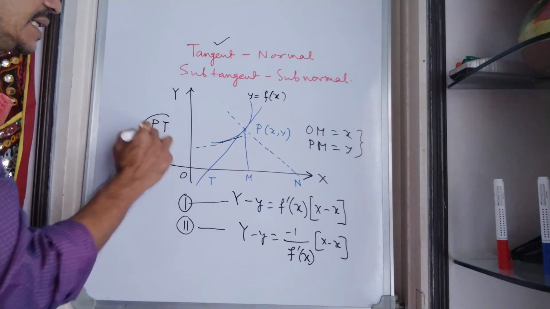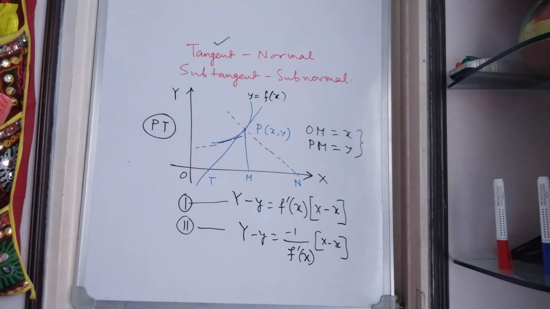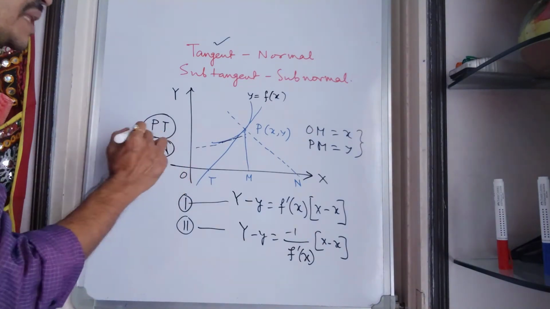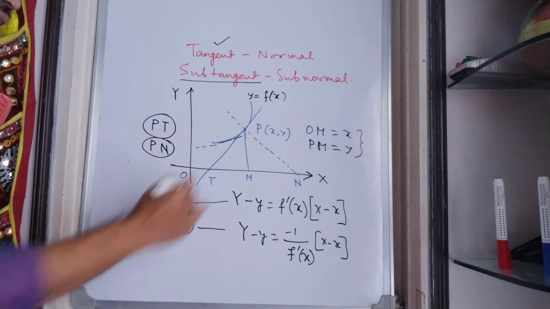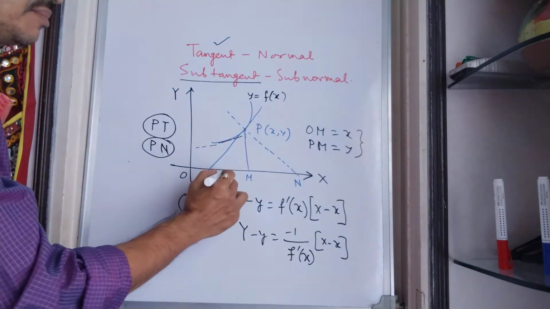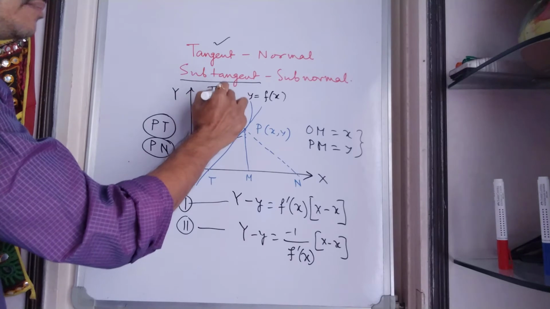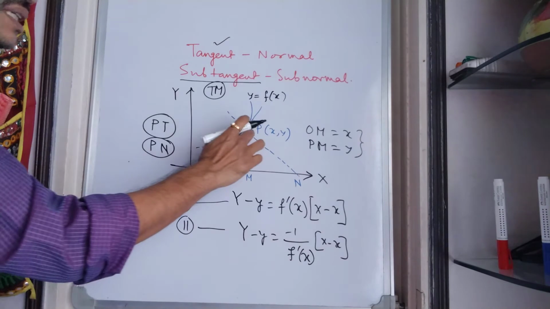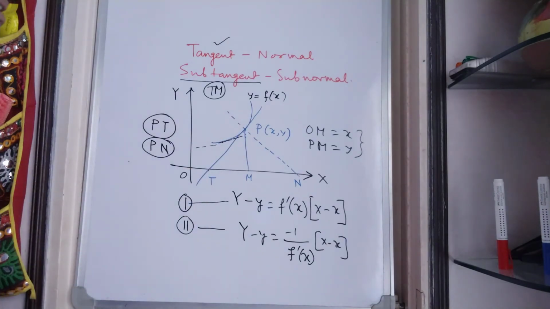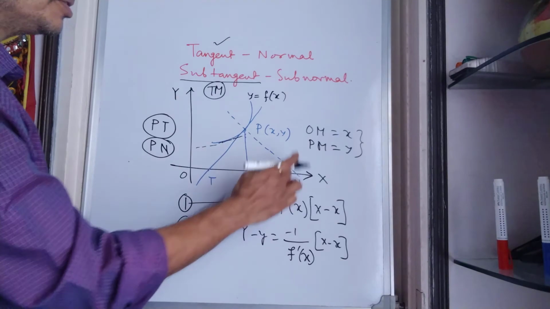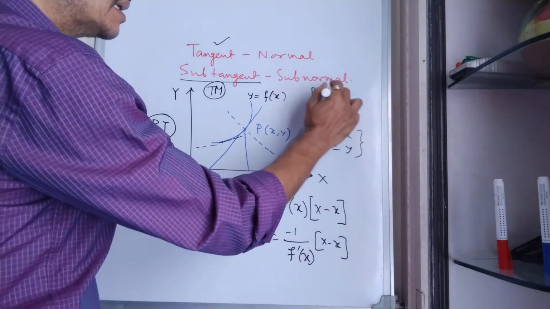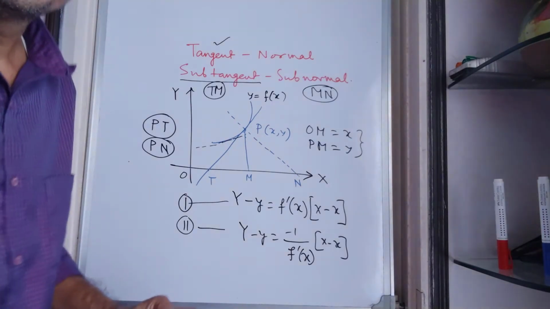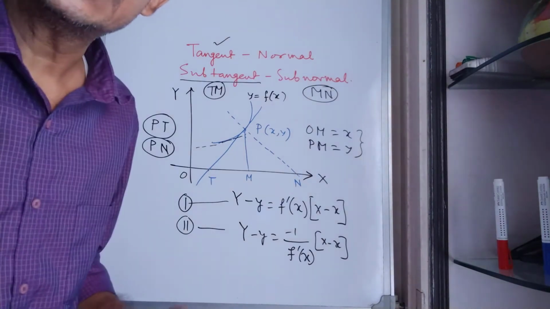The length of the tangent is measured as PT, whereas the length of the normal is PN, while the subtangent is defined to be the projection of the tangent on the x-axis, which is nothing but TM. So TM is the subtangent of this tangent with respect to this particular point P, and obviously MN, which is the projection of the normal on the x-axis, is termed the subnormal. Okay, so these are the basic definitions, basic premises of tangent, normal, subtangent and subnormal.